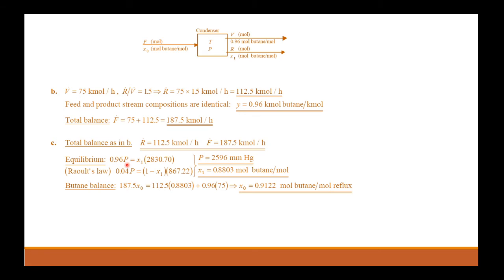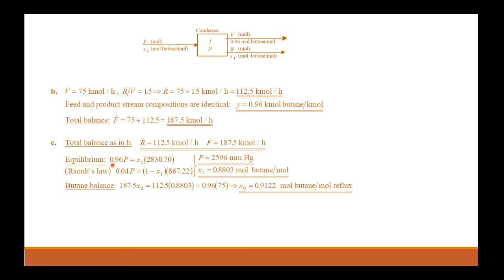To calculate R and F, it is the same as in part B because we have the ratio unchanged, so it is the same answer. Now, at equilibrium, we can use Raoult's law again. We have butane and pentane.